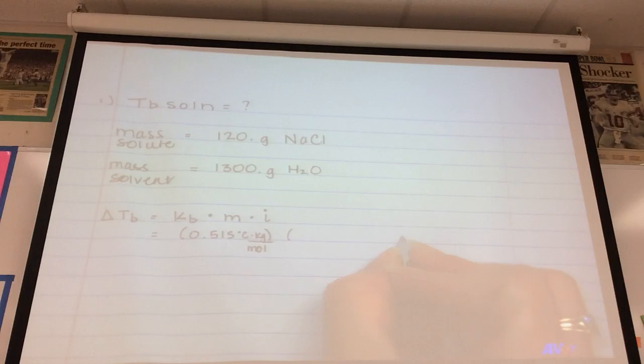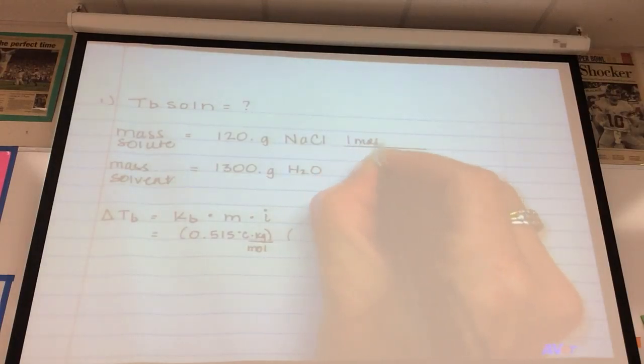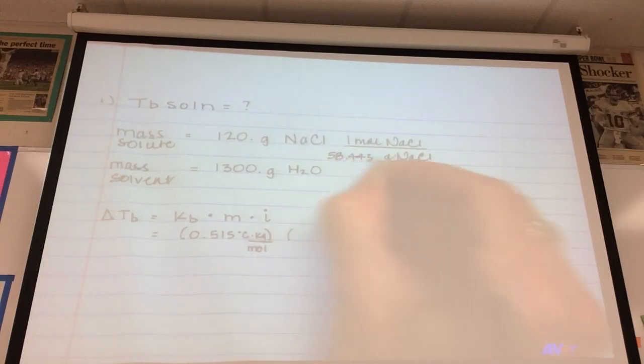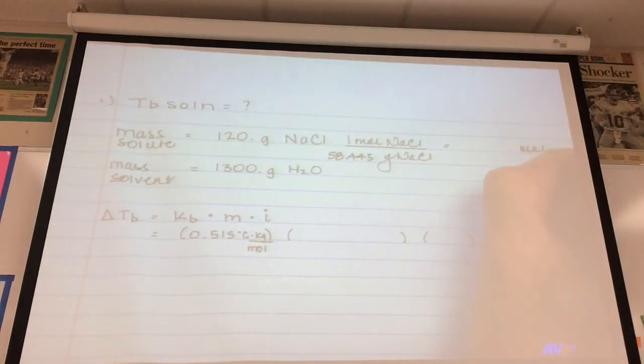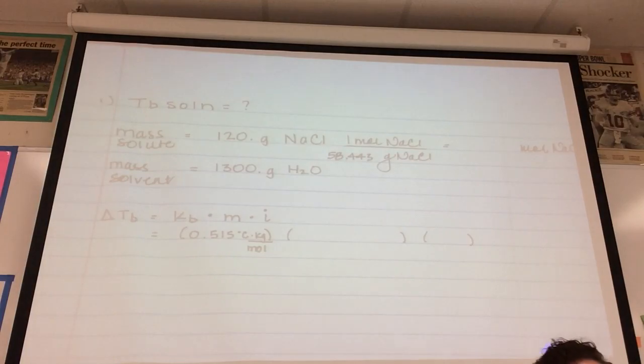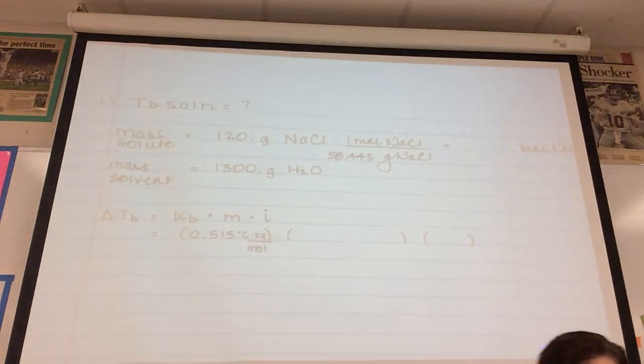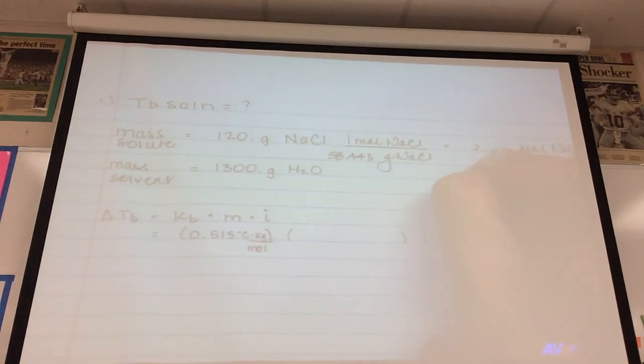How do we get molality? We need moles of solute, so we're going to convert this to moles. So we have 120 divided by 58.443, and that's 2.05 moles of sodium chloride.